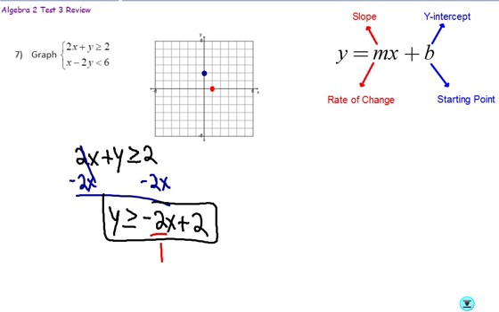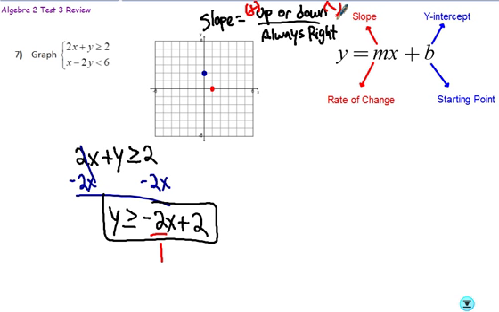A note we can make here is that slope is telling you to go up or down, and then the number on the bottom tells you how many to go to the right. So you would go up if that number were positive, and you would go down if that number were negative. This is a negative 2, so that's why I'd go down 2 and then right 1.